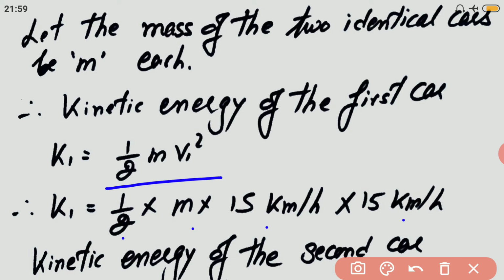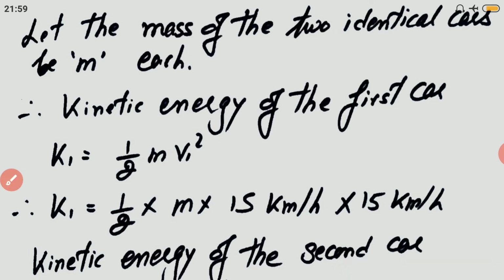The unit of mass was not given to us. In the previous sum the unit of mass was given, which is kilogram, whereas the unit of speed was in kilometer per hour, which was not matching. Here, since there is only one unit, which is kilometer per hour, I am not changing the unit. And ultimately, in the case of comparison, the units and the numbers get cancelled, so I am not changing the unit in this sum.